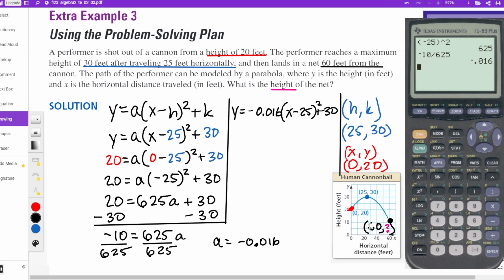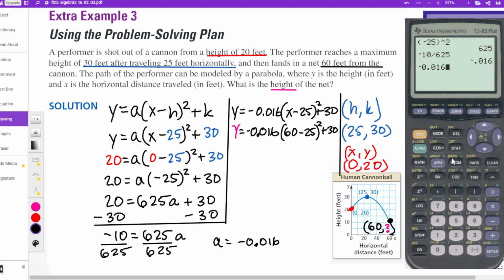Now to figure out this final part of the question, if we want to find the height of the net, that is 60 feet horizontally from the cannon, we could just plug in x equals 60 and then solve for y. So now y equals negative 0.016 times, and now plug in 60 minus 25 squared plus 30.